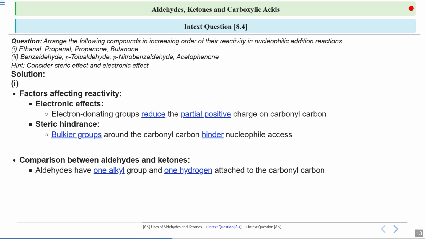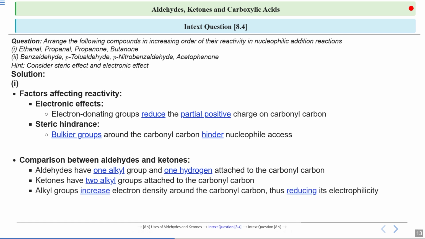We have already discussed the structure of aldehyde: there is a carbonyl group, and to the carbon, one R group, which can be alkyl or aryl, and one hydrogen is attached. Whereas in ketones, two alkyl groups are attached to the carbonyl carbon. If you compare these two, you can answer where the electronic effect is more or the steric hindrance is more.